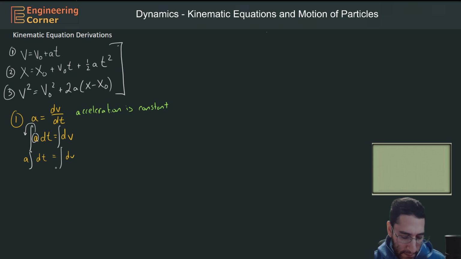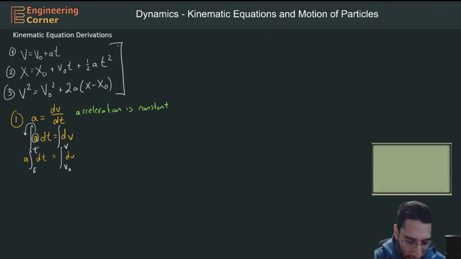And we're going to have to figure out our bounds of integration. So we're going to go from some initial velocity to some final velocity, and we're going to go from some initial time, and we usually say our initial time is time 0, so t is equal to 0, to some unknown time. We don't know whatever time we're interested in.